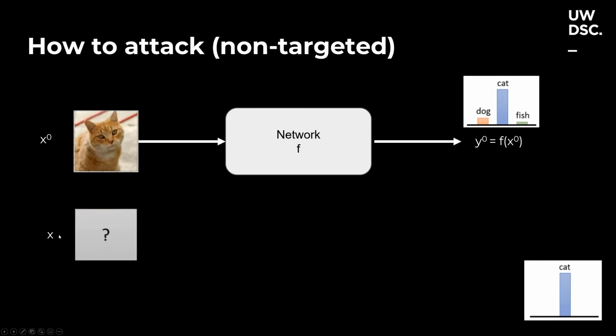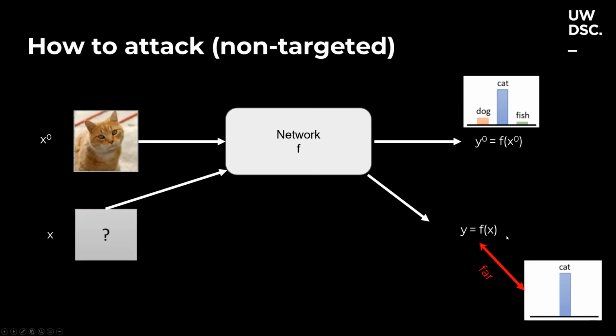Let's say we feed in an image x, which we don't know. We feed it into the network, and we want to get something else for a non-targeted attack. We want to achieve this kind of final distribution for our model's prediction. To misclassify it, we want to make those distributions far from each other.